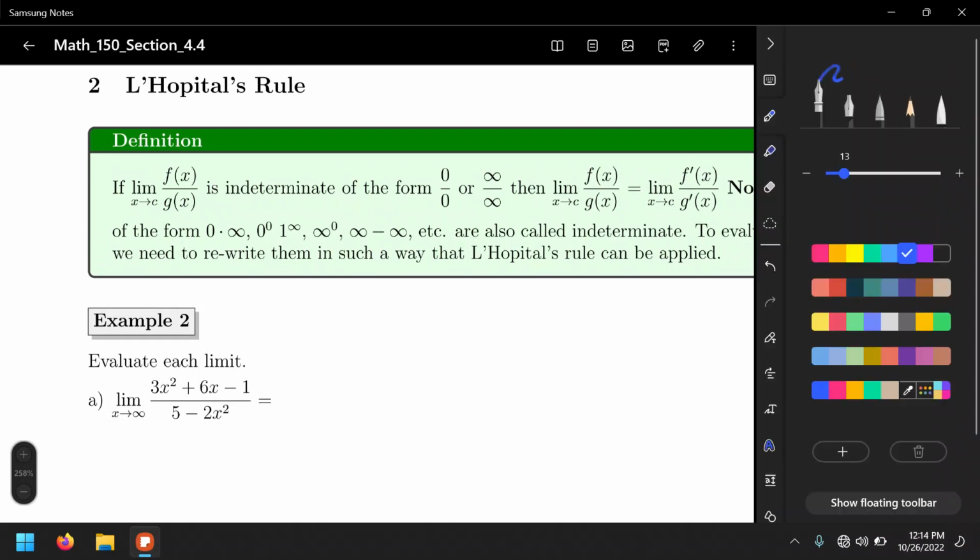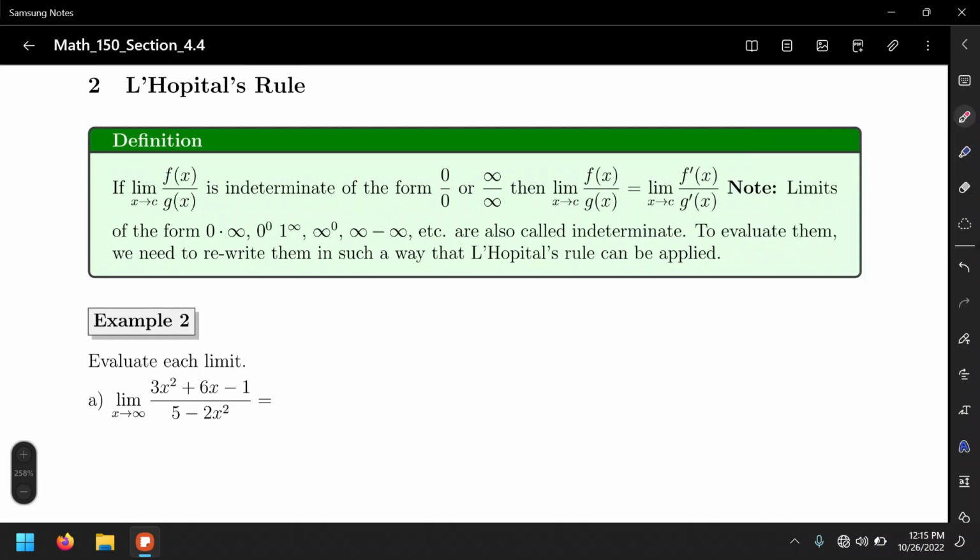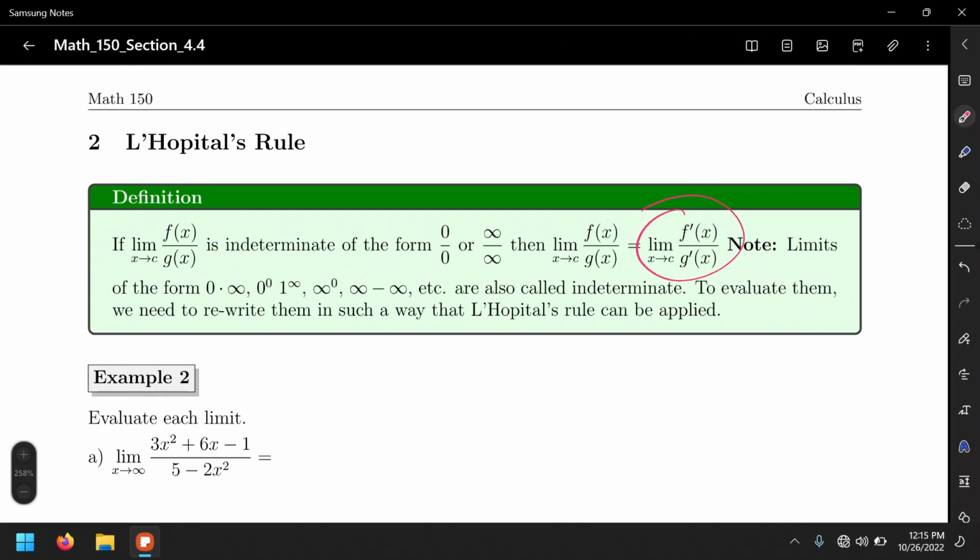And be careful, because that's what many students usually confuse. This is not the quotient rule.